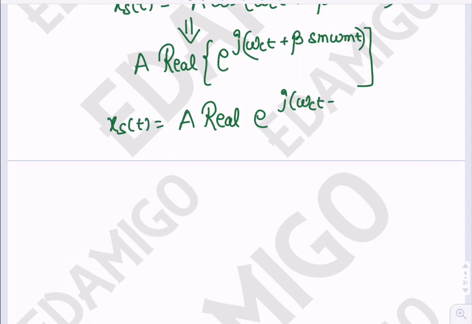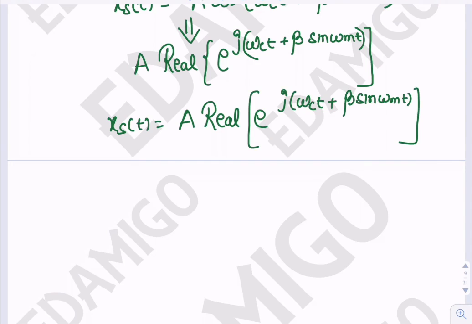So we can write x(t) equals A times the real part of e to the power j(omega_c t plus beta sin(omega_m t)).